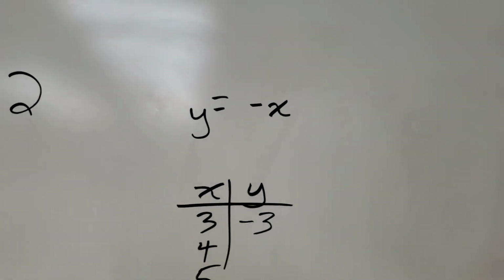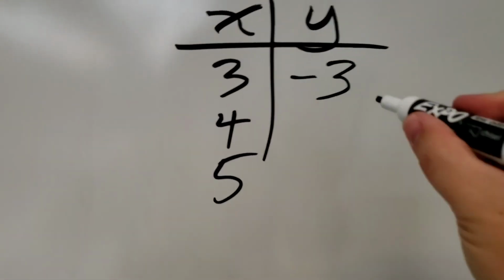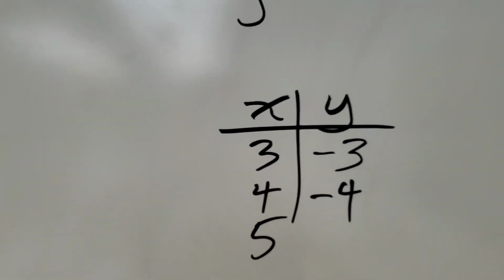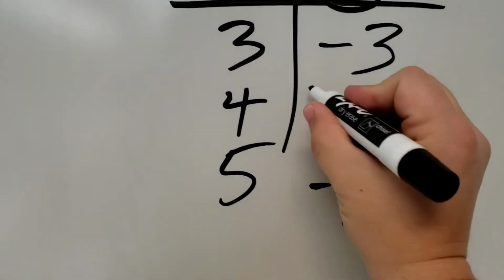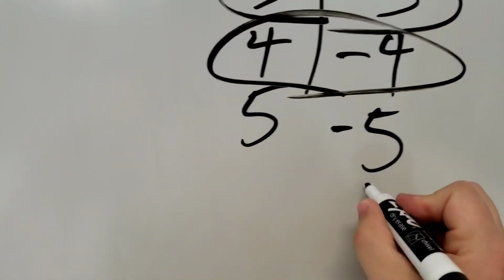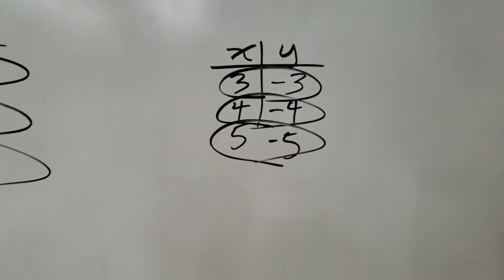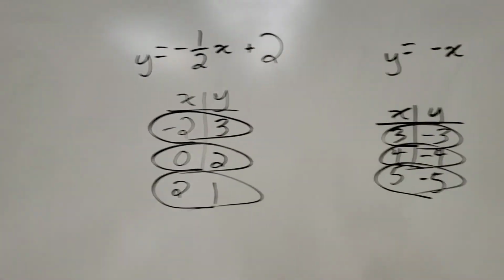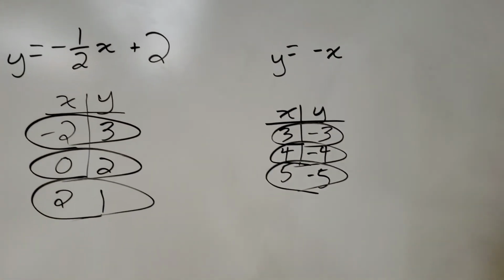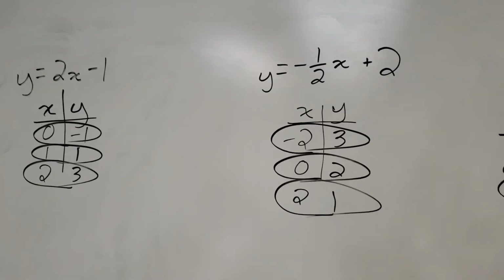If I put a 4 in there, y equals negative 4. And if I put a 5 in there, y equals negative 5. And again, I get 3 sets of coordinates. I can graph them and they will make a line once more. So all three of those, they're in your book. They're graphed out for you. You can see how that works.